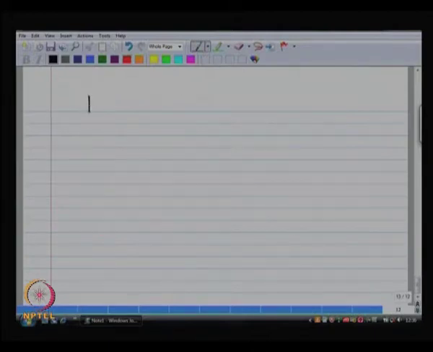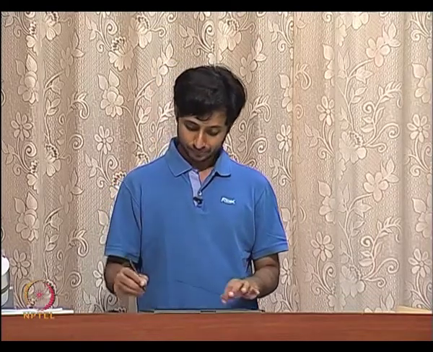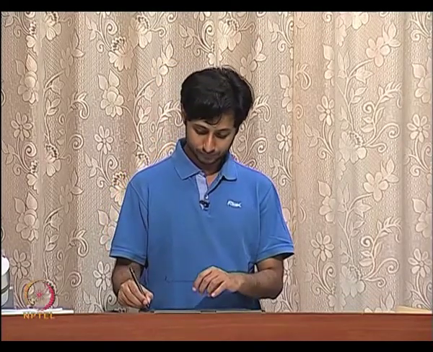It is easy to now look at series RLC circuits. The same definition of quality factor applies here. Okay, same old definitions apply.